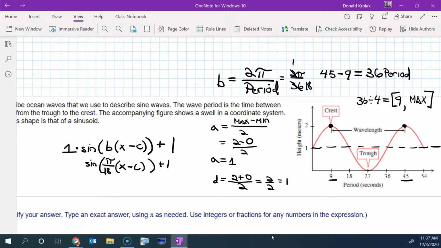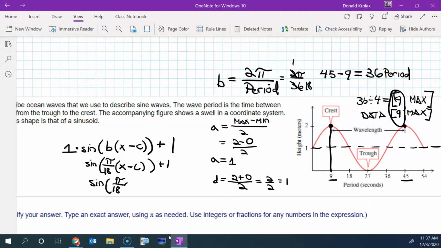Now, when I look at my data, where does the max occur? At 9 seconds. So I don't have to slide anything. These are the same. So there is no phase shift. So I end up with this.